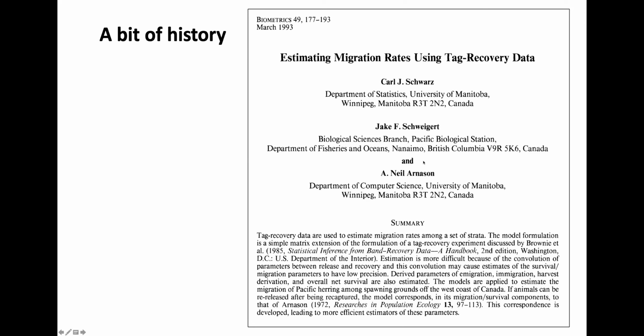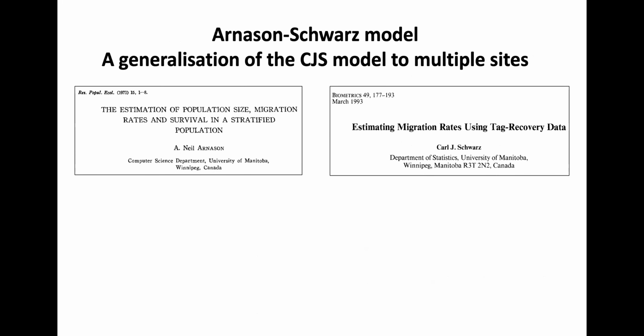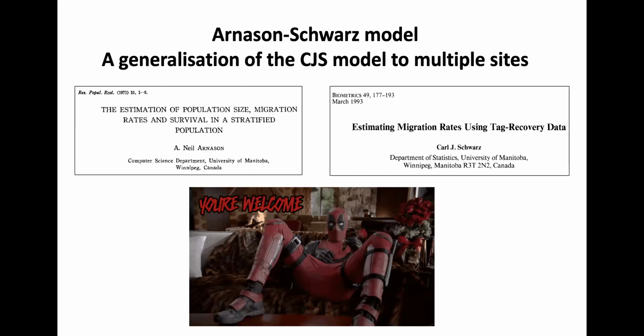I believe Carl was a Neil PhD student. So this is why the generalization of the Cormack-Jolly-Seber model is called the Arnason-Schwarz model. And because also male scientists love to name models with their own names, I guess. Anyway, both Arnason and Schwarz were from the University of Manitoba in Canada. And I guess we need to thank Canada for multi-state models. Thank you, Canada. And this is my job for the day.